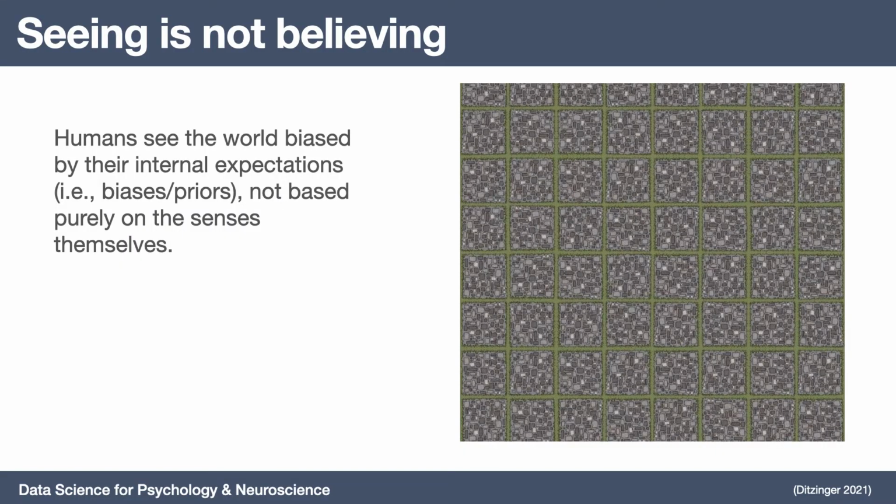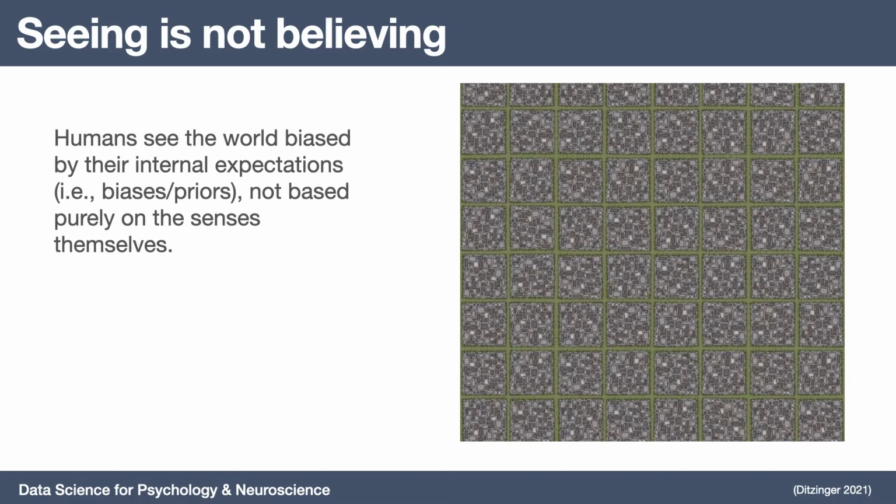Humans, like almost every other animal, don't actually see a veridical world based off of their sensory experiences. We see the world based off of our internal expectation, priors that are built in from our experience through evolution, that are computational shortcuts for our brain in order to perceive the world, but these biases, these constraints, often lead to biases in perception.